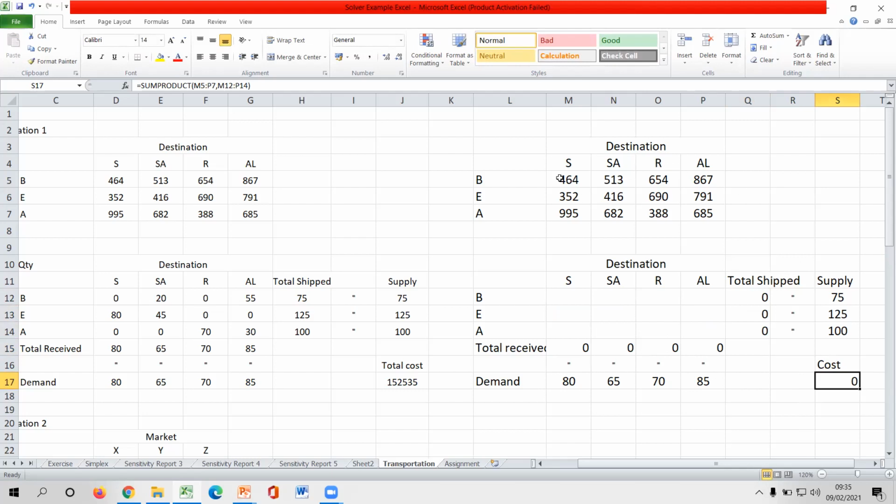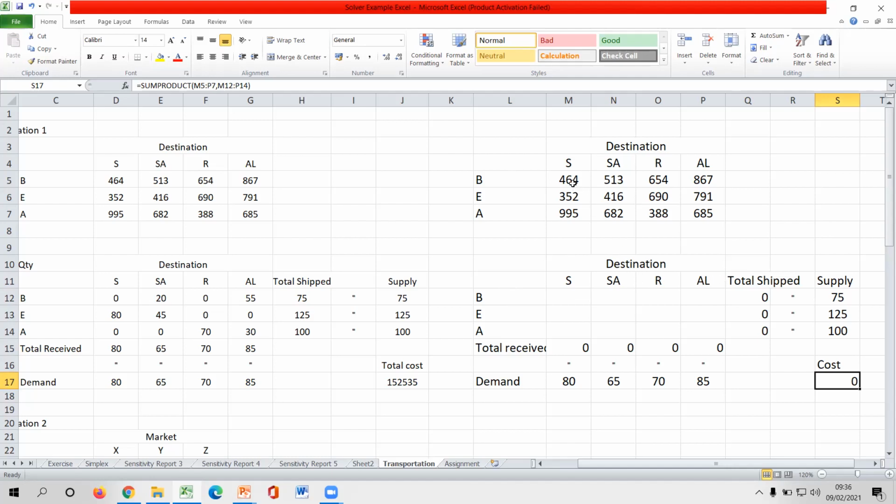Now in here you are given the information regarding the unit transportation cost, or per route transportation cost, from one factory to one market. Your total transportation cost can be calculated by utilizing how much shipment we are going to distribute from factory B to market S, market SA, market R, or market AL.